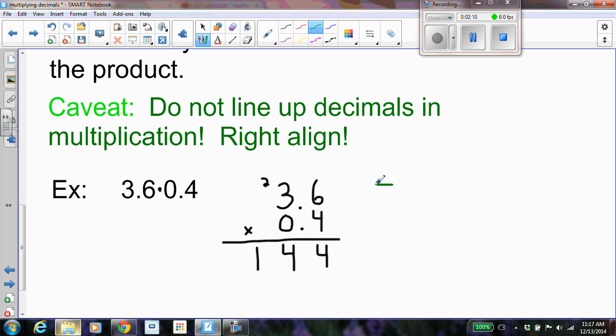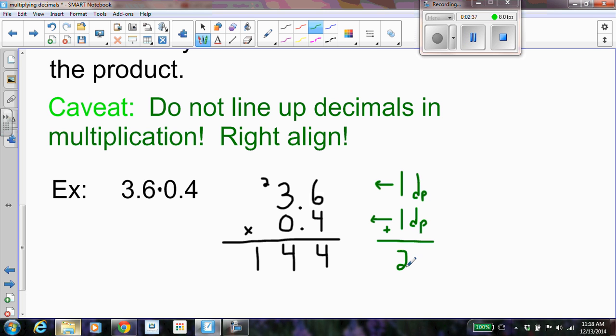So I'm going to count. This first factor has 1 decimal place to the right of the decimal. It has the 6. This one has 1 decimal place to the right of the decimal, and that's the 4. So I have a total of 2 decimal places.